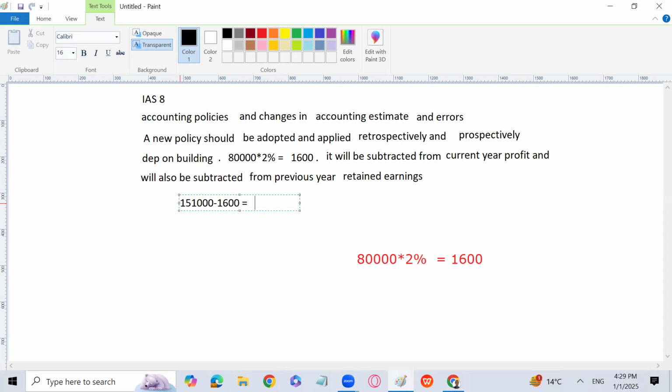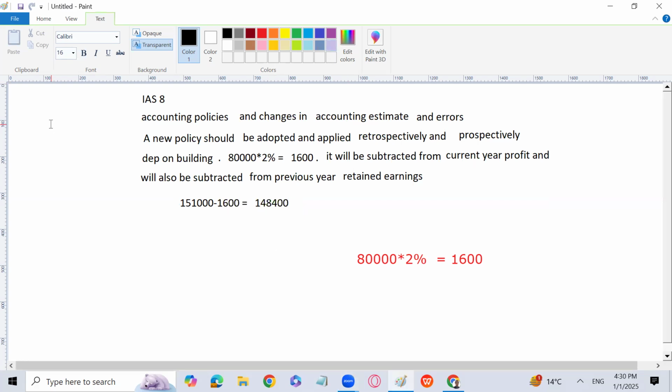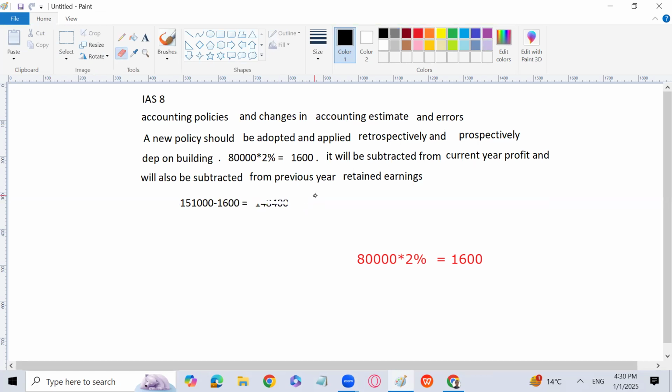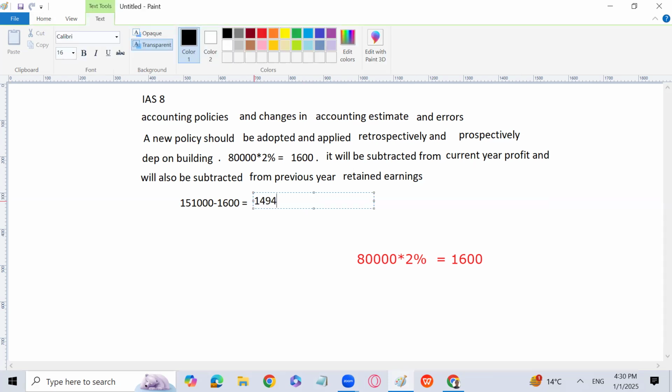That is 149,400, sorry. So 149,400 is going to be the correct retained earnings at the start, because we have to give the effect retrospectively.